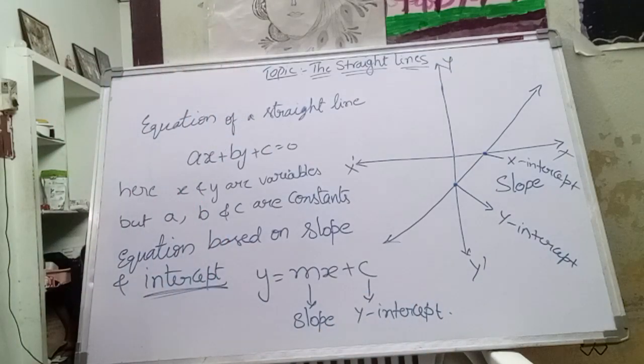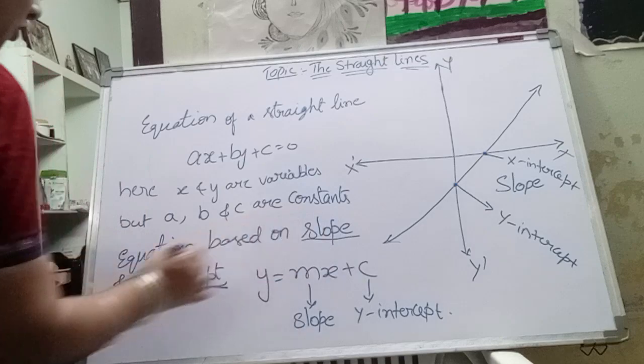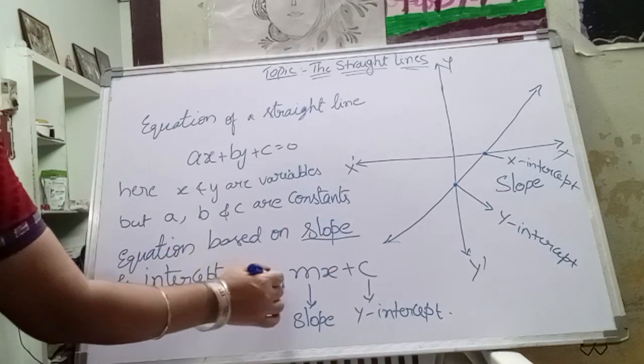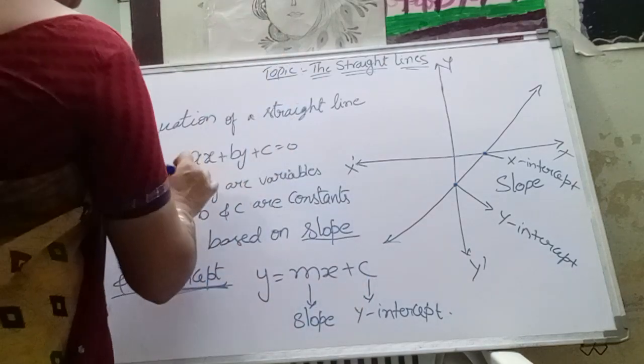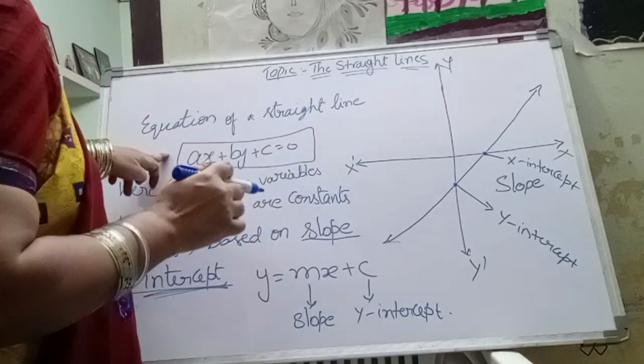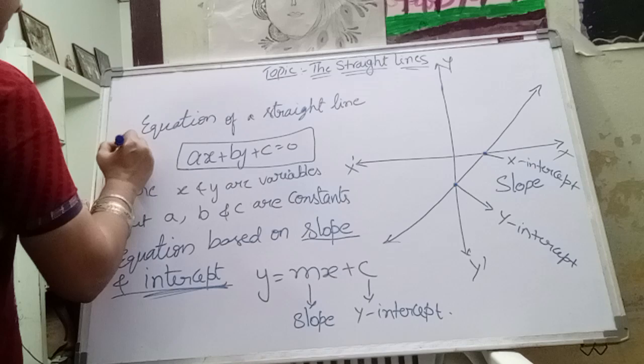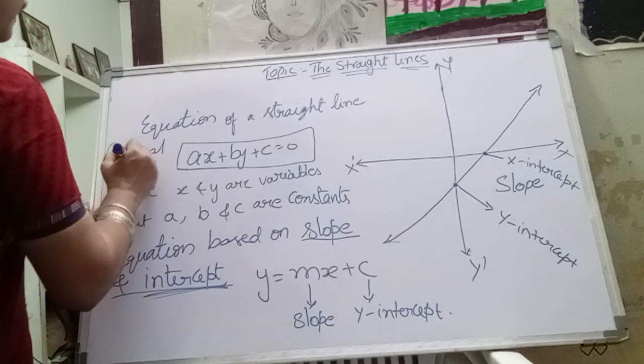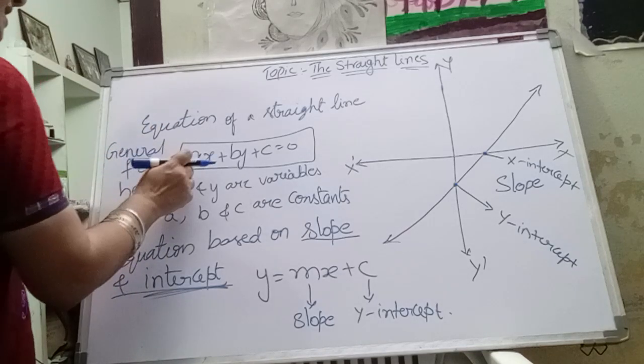The equation based on slope and intercept form is y equals mx plus c. This is the general form of the equation of a straight line.